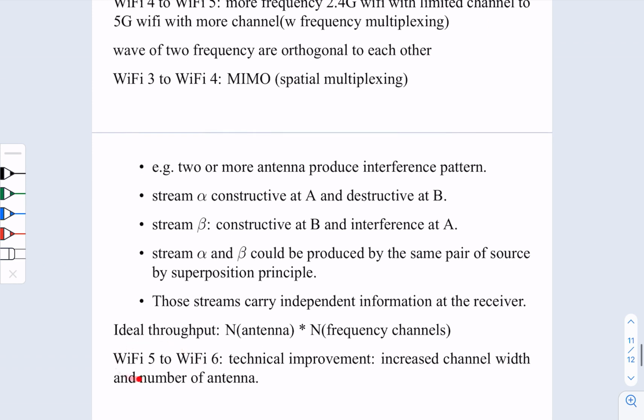But from Wi-Fi 5 to Wi-Fi 6 is simply some technical improvement. That is, they increase the number of channels and the number of antennas. So from the physics point of view, there's no improvement in the basic principles, but on the technical side, you will experience an increased total throughput.